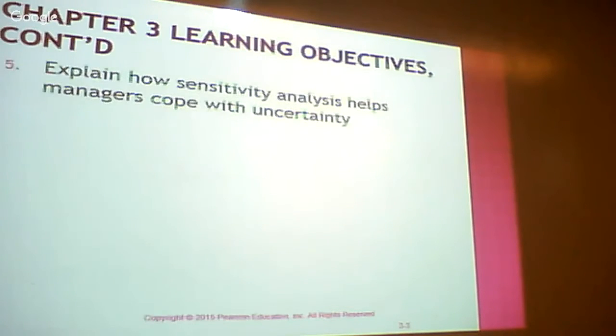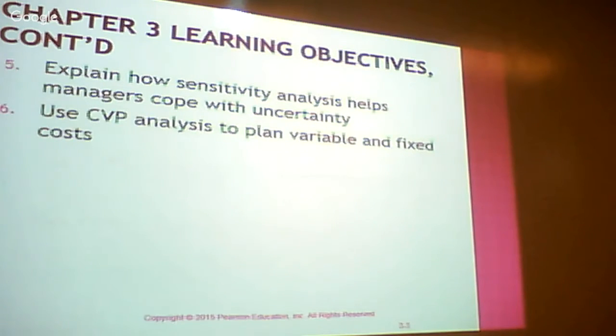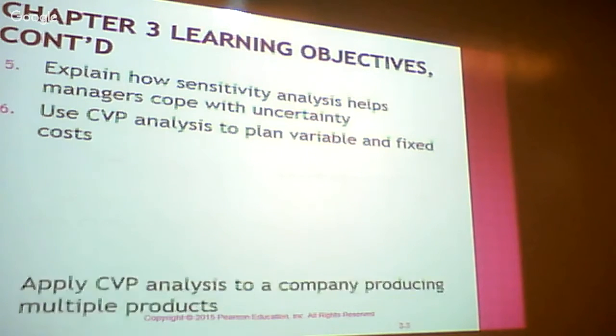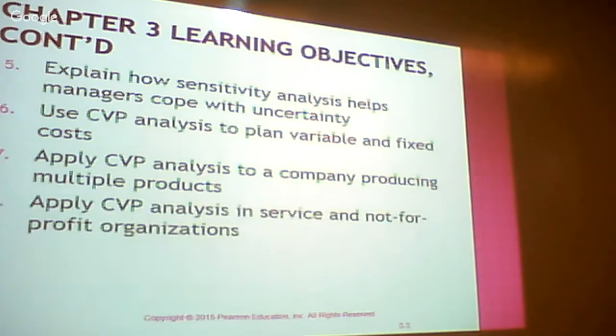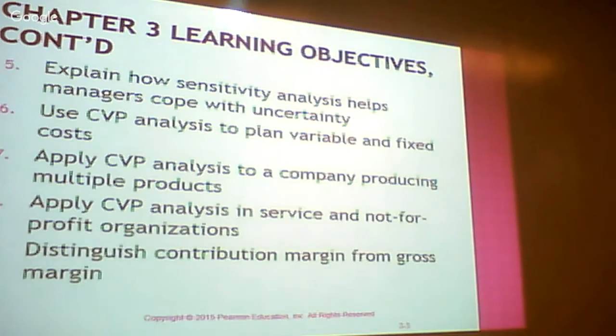We're also going to explain how sensitivity analysis helps managers cope with uncertainty. We're going to use CVP analysis to plan variable and fixed costs. Apply the CVP analysis to a company producing multiple products. Apply the CVP analysis in service and not-for-profit organizations. And then we're going to distinguish contribution margin from gross margin.